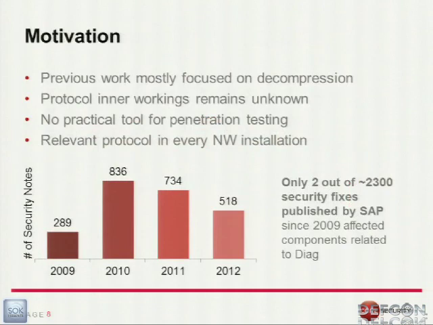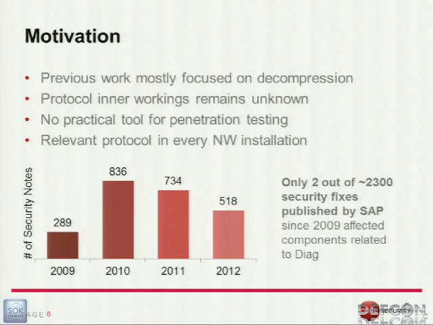So as can be seen, most of the previous work was based on compression and decompression of the traffic, and the protocol inner workings and details about the packet formats remain unknown. And there's no practical tool to perform a penetration test against this protocol or to make an assessment. So this was mainly the motivation for my research.